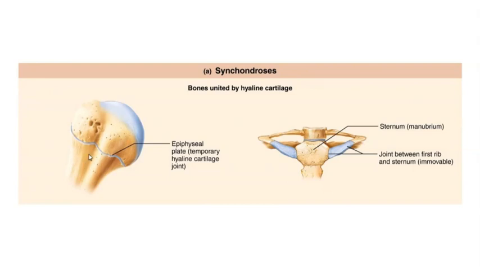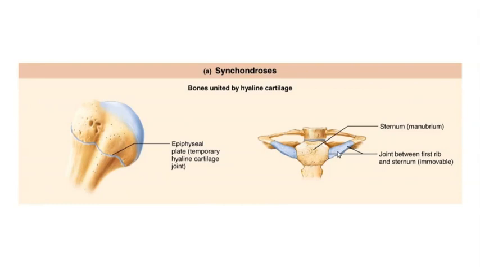More permanent synchondrosis joints exist in the thoracic cage. This is the example on the right side here, in the joints called the sternocostal joints. These are the joints that exist between the sternum and the rib. This is the top part of the sternum, the manubrium, and this is the joint that the first rib is making with the manubrium of the sternum.